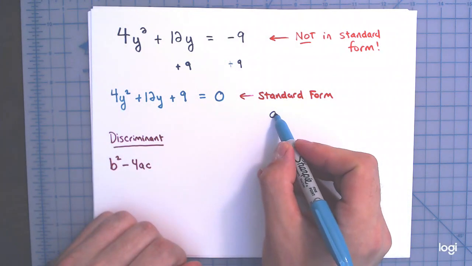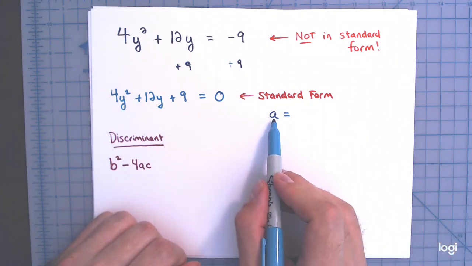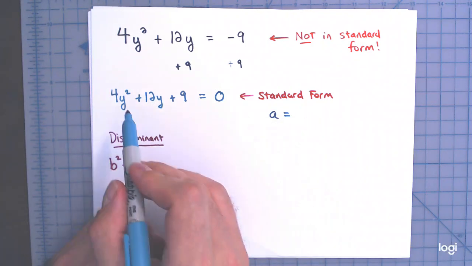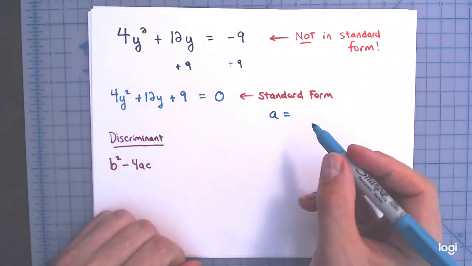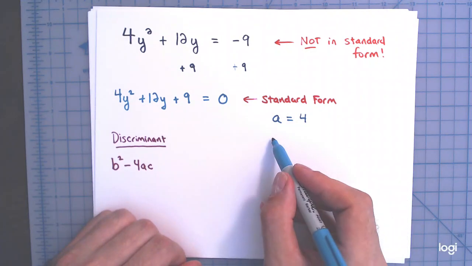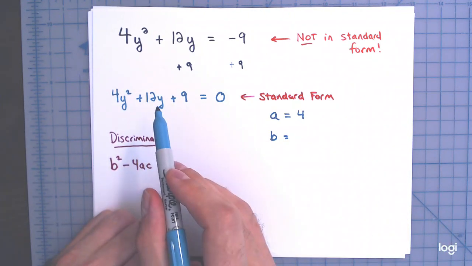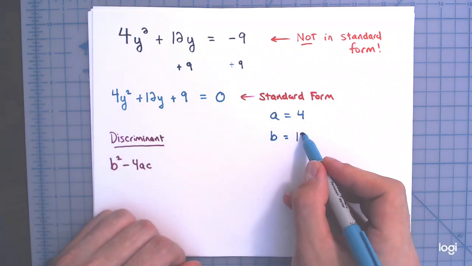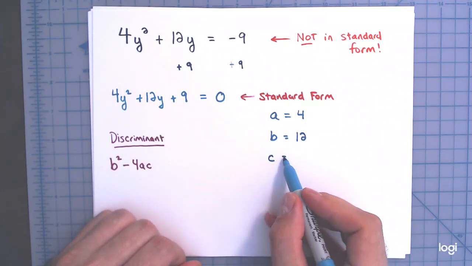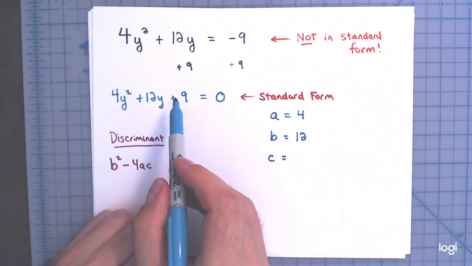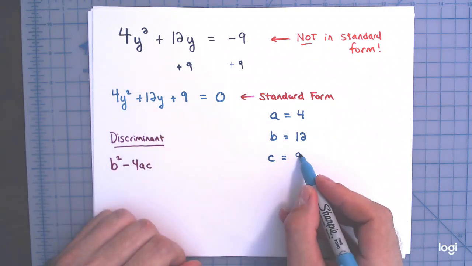So I'll identify those over here. Remember, the value of a is the coefficient of the square term. That'd be positive 4. The value of b is the coefficient of the first powered term. That would be the positive 12. And the value of c is the coefficient of the constant term, just the positive 9.